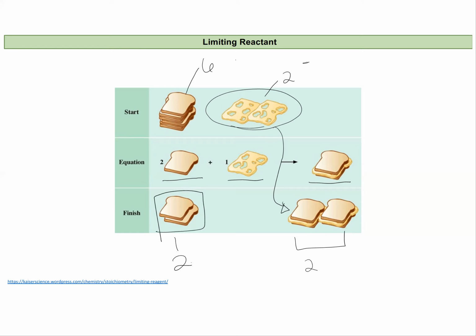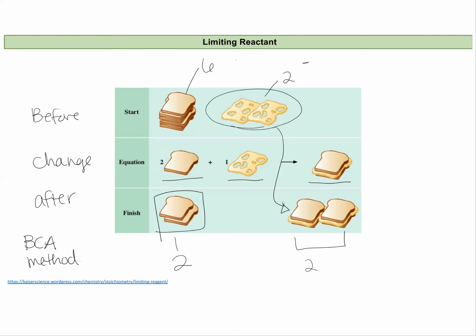We can almost think of this as before we start, the change we expect to happen, and after. And I'm going to show you one way to do limiting reactant problems, but if you're curious, you can also look up the BCA method as well, which is similar but a slightly different kind of strategy.